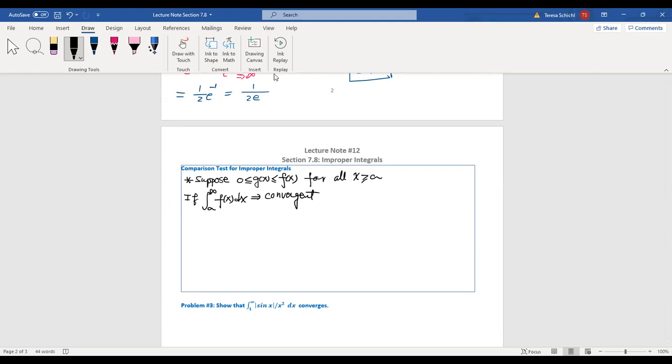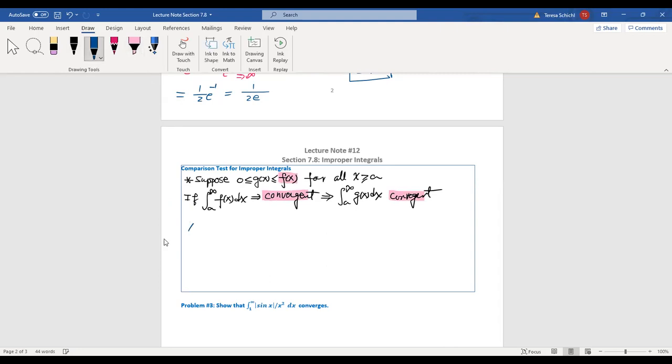Because g(x) is less than f(x), I know the integral from a to infinity of g(x) dx has to be convergent. It's kind of intuitively true, right? Because every f(x) is greater than g(x). So when f(x) integrates to a finite value, g(x) is definitely convergent too.